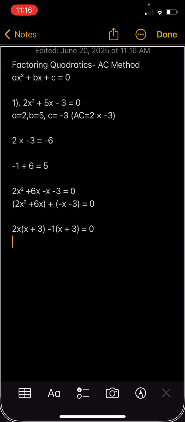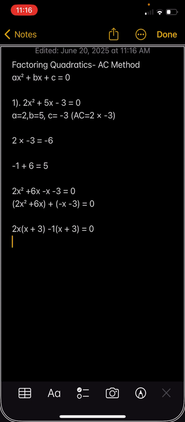Looking at the two brackets there, the contents are identical. At this stage, we are allowed now to factor out the contents of the two brackets as one binomial because the contents of the brackets are common. So now we can have the contents of the two brackets, x plus 3 in one bracket, a bracket by itself, and then the two GCF, 2x minus 1 in another bracket.